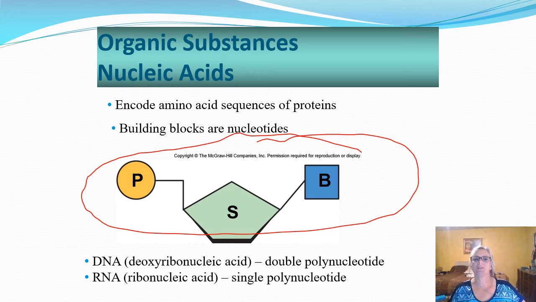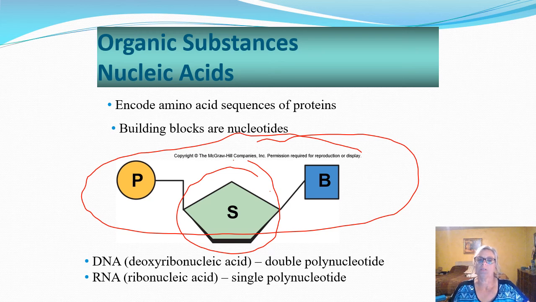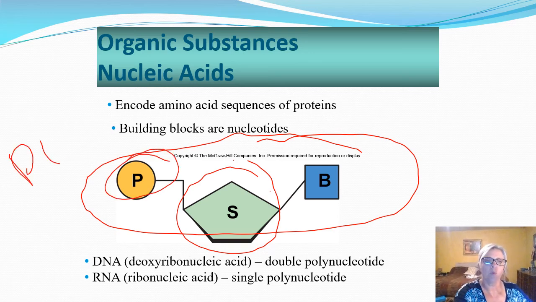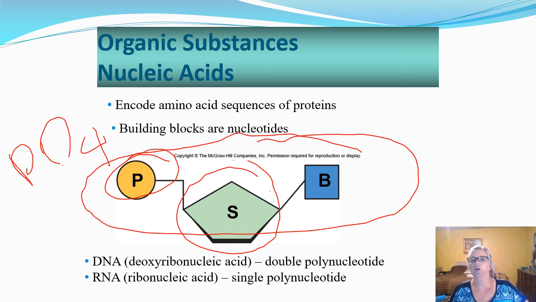Each nucleotide has a 5-carbon sugar, which is the portion here in the middle. That's going to be ribose for RNA, or deoxyribose for DNA. It has a phosphate group, which is on this end. Phosphate is PO4. And then it's going to have a nitrogenous or a nitrogen-containing base, and that is this one here.